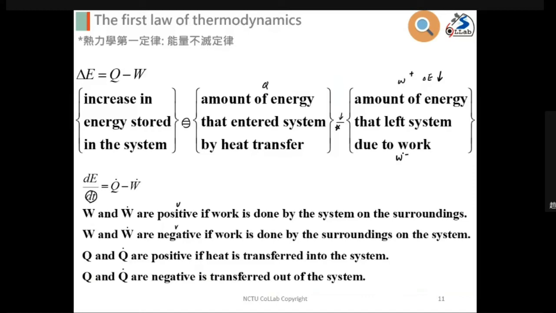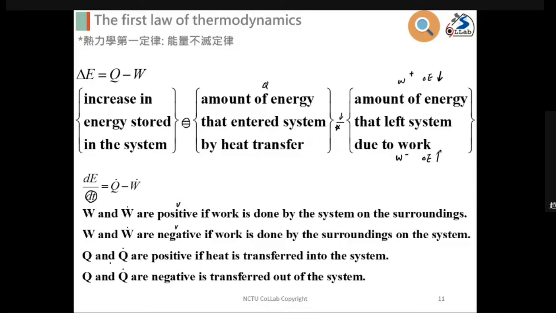If the W is negative, so the work is done by the surroundings on the system, this work is minus, and we have an additional minus here. So it will let the energy stored in the system increase, because work is done by the surroundings on the system, so that the energy in the system is increasing.